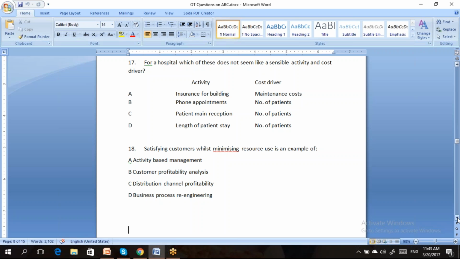But for satisfying customers whilst minimizing resources, the tool you use is customer profitability analysis. You are right, but the answer for the question should be activity-based management. So that should be the answer for that one.